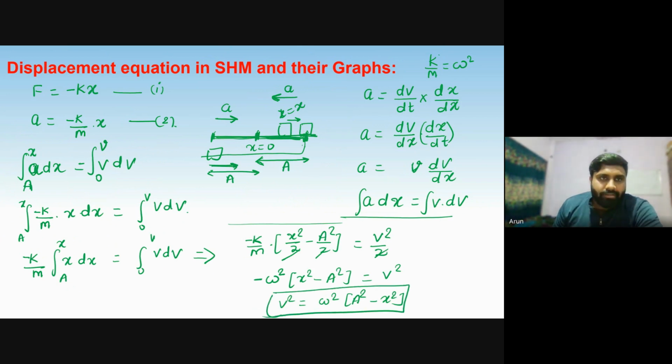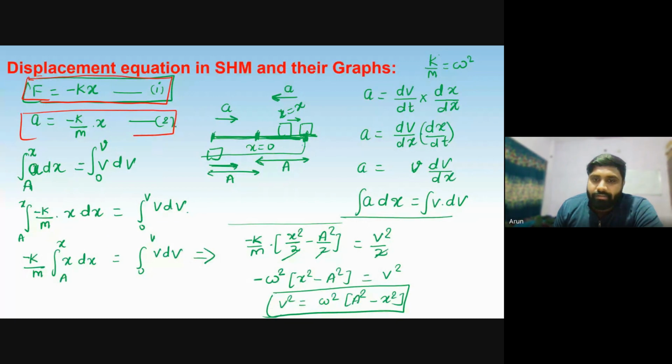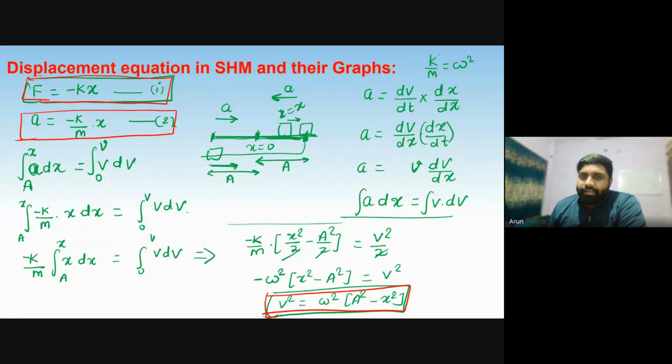First equation we have this. Second equation is this, acceleration. And third equation we have this: v square is equal to omega square into a square minus x square.